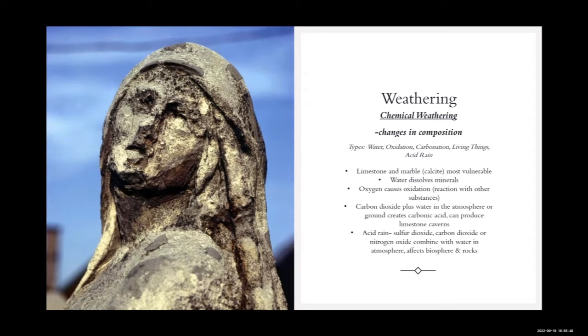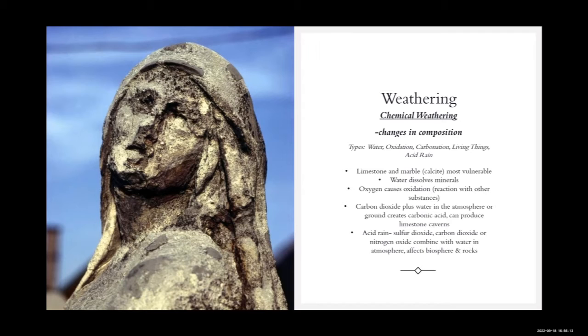And these are some of our most vulnerable type of rocks when you're dealing with chemical weathering. So water can dissolve minerals. Oxygen causes oxidation, which is a reaction with other substances. And you guys know that when oxygen reacts with iron, you get iron oxide. It's an oxidation process, and that causes rust.